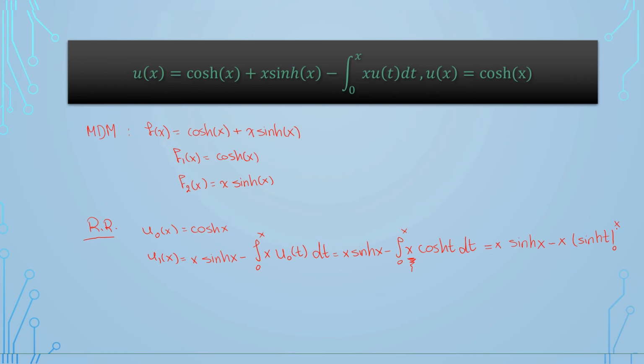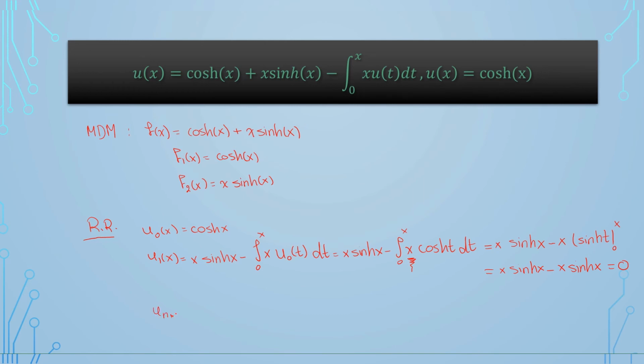We will have sine x minus sine 0. Sine 0 is 0. So that will give us x sine x minus x sine x, which is 0.